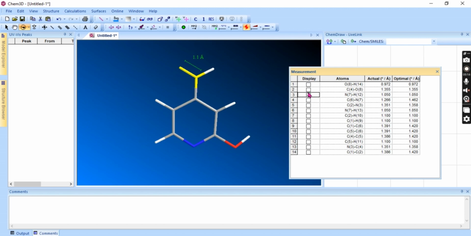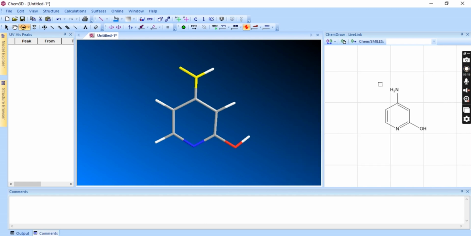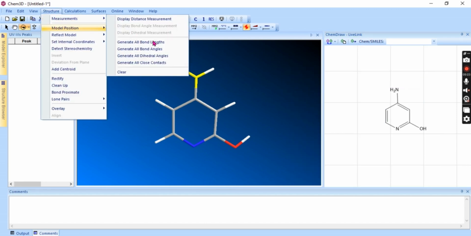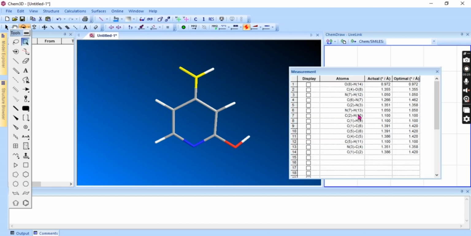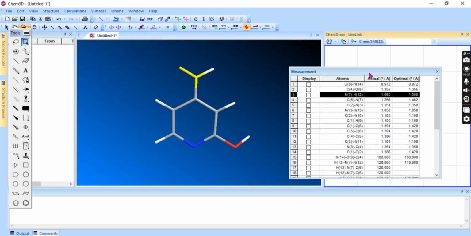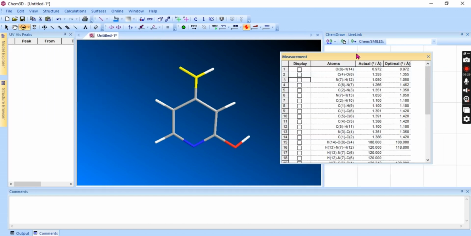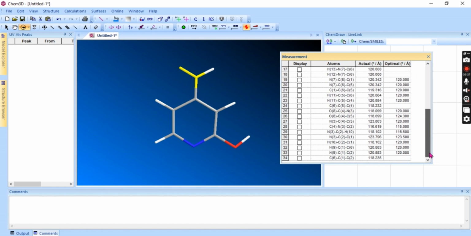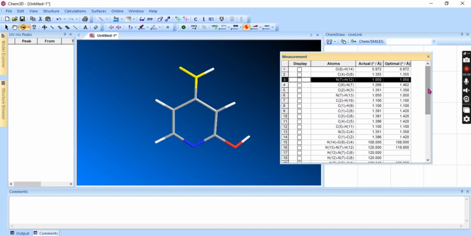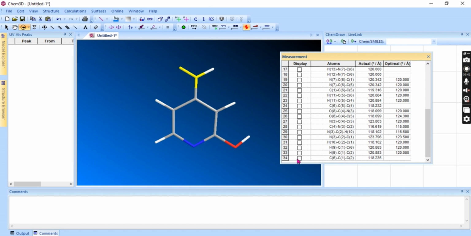So let's check the bond angles, all bond angles. This window will open, and it shows the display, which atoms, and the actual and optimal values. Let's begin from carbon 1, 2, 6.